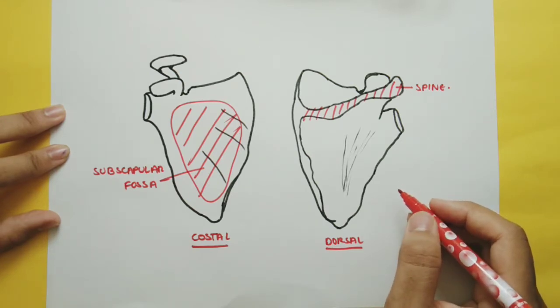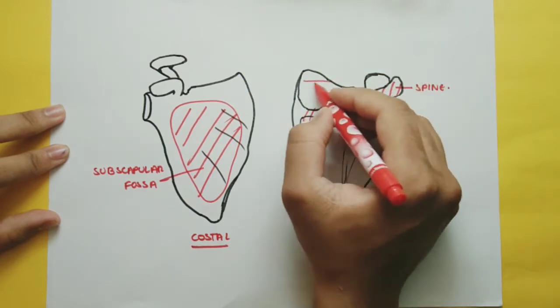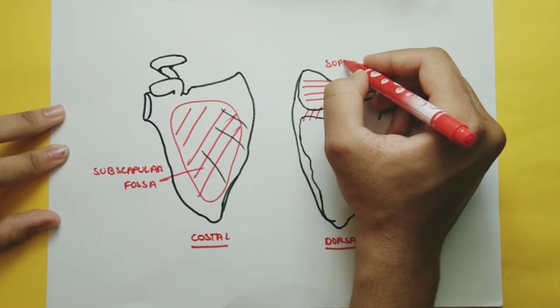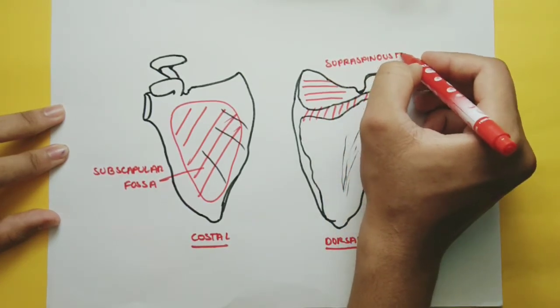The depression above the spine of scapula is the supraspinous fossa.